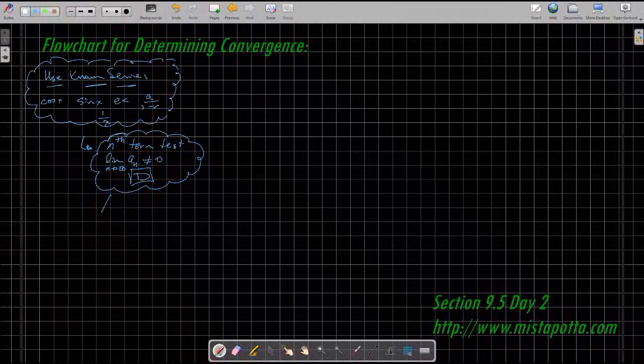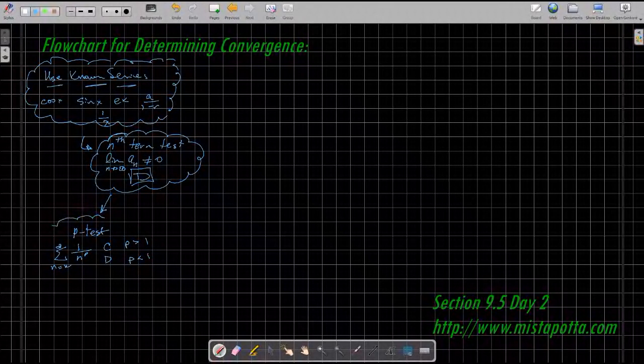The next thing I want to do is look at the p-test. The p-test was really easy to deal with because when I'm looking at the sum of 1 over n to the p, as n goes from some value to infinity, this converges if p is greater than 1, and it diverges if p is less than 1.